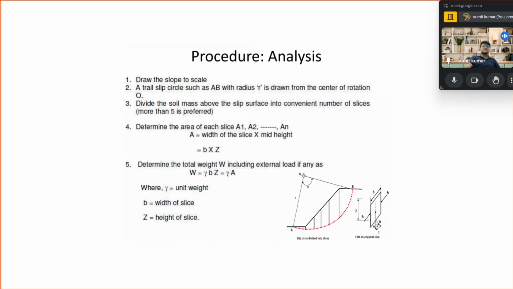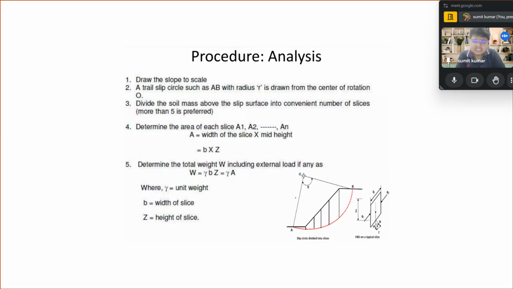So in the procedure, first of all, draw the slope to scale, maybe on a drawing sheet. In that, a trial slip circle AB with a radius R is drawn from the center of rotation O. Then divide the soil mass above the slip surface into a convenient number of slices, and the number of slices should be more than 5.